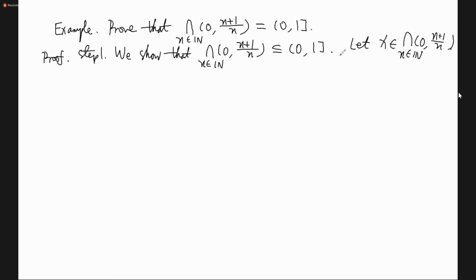So to show this element is in (0, 1], you just want to show it's always greater than 0 and less than or equal to 1.